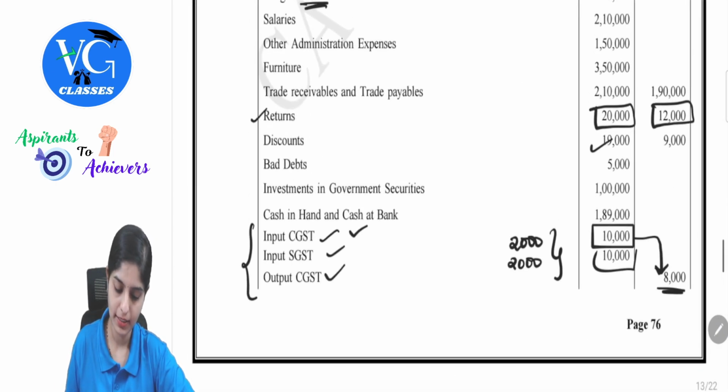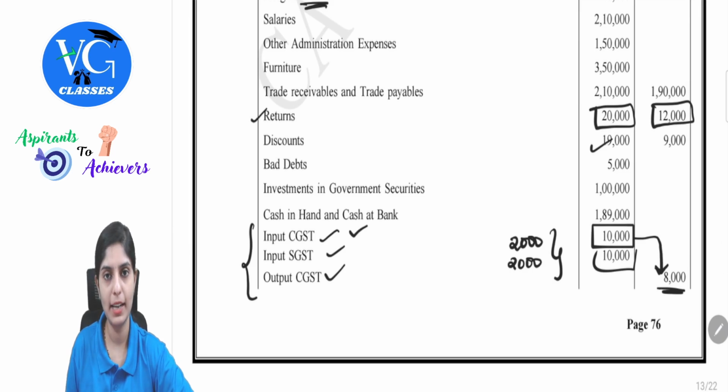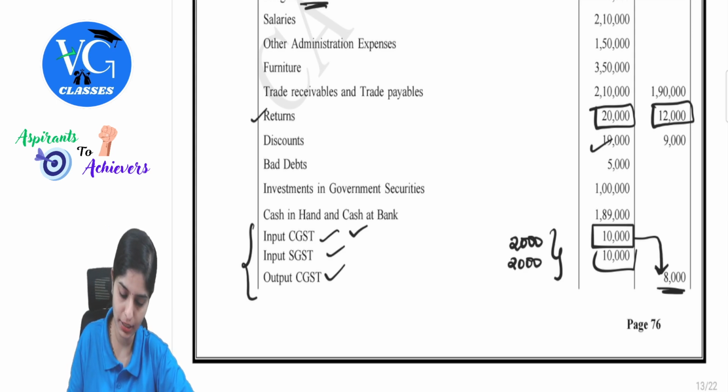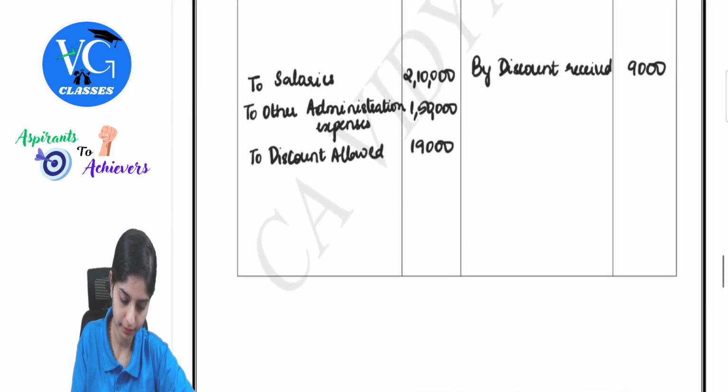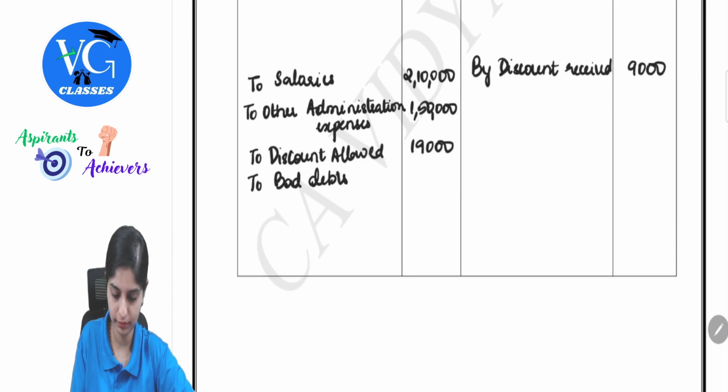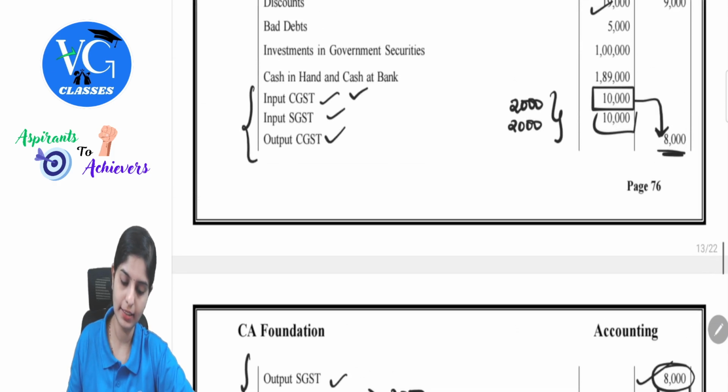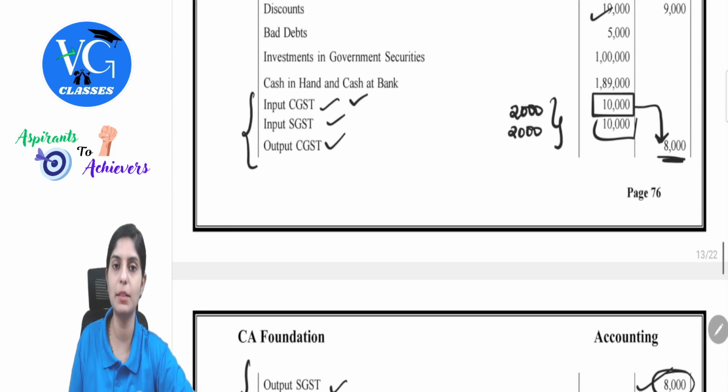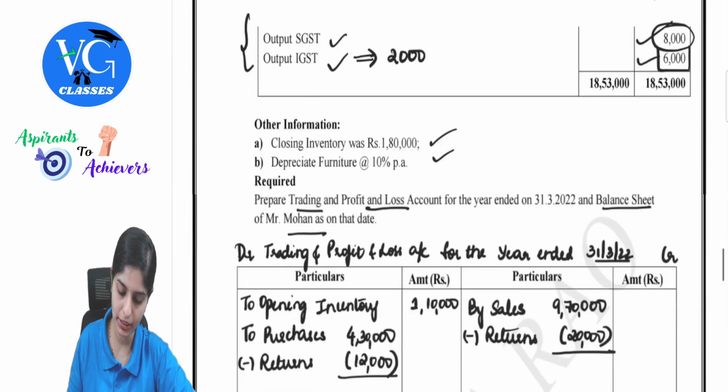Next, bad debts. Bad debts appearing in the trial balance means the treatment is already done. So you will just record it as a normal loss. Normal loss means it will come in the profit and loss account. To bad debts, 5,000. Next, investments in government securities. It becomes your non-current asset, so it appears in the balance sheet.